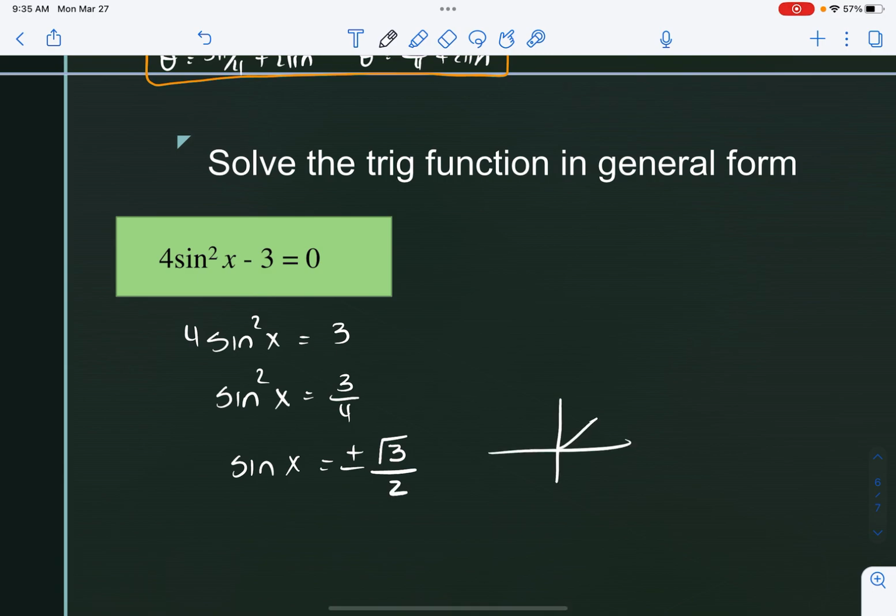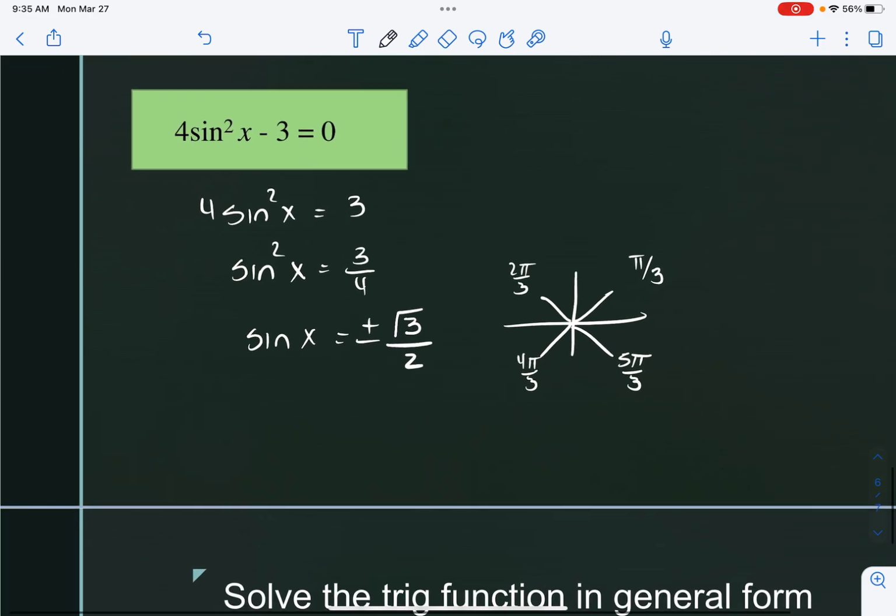So again, we are looking for all of the angles in all the quadrants here. That will give me square root of 3 over 2. That would be the family of pi over 3. So this would be pi over 3. The next ones here would be 2 pi over 3, 4 pi over 3, and 5 pi over 3.